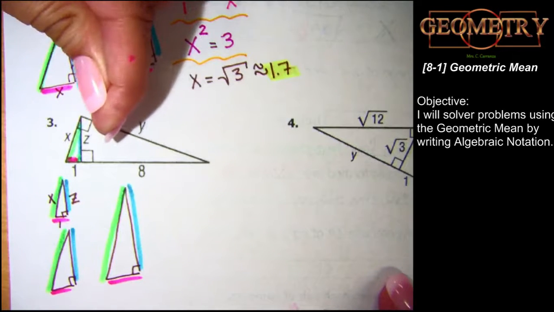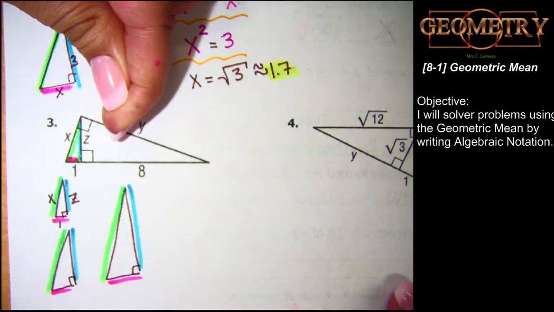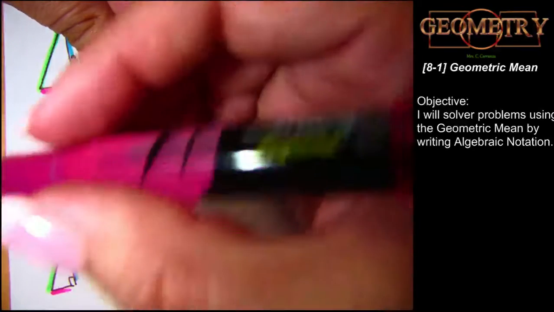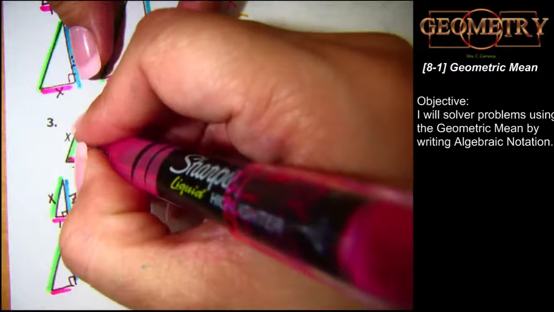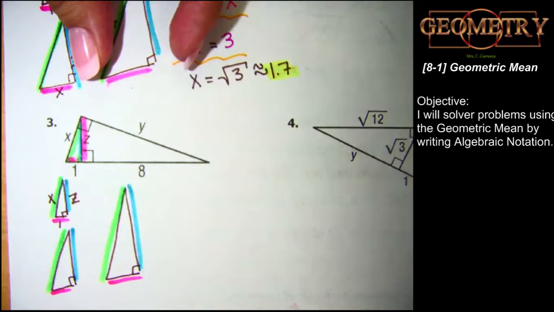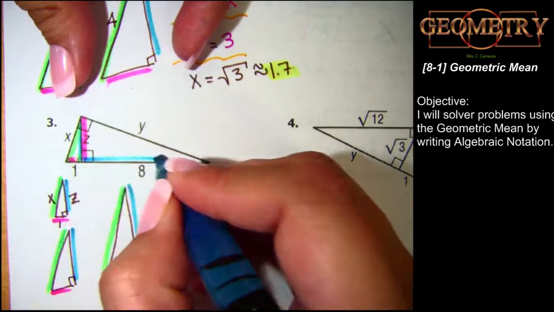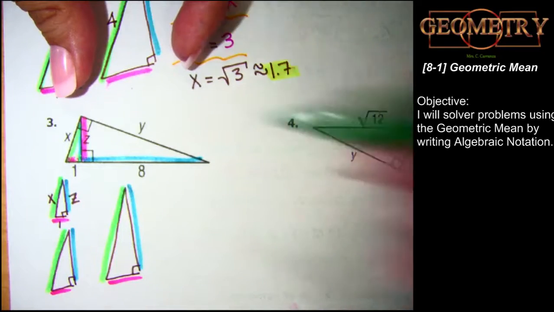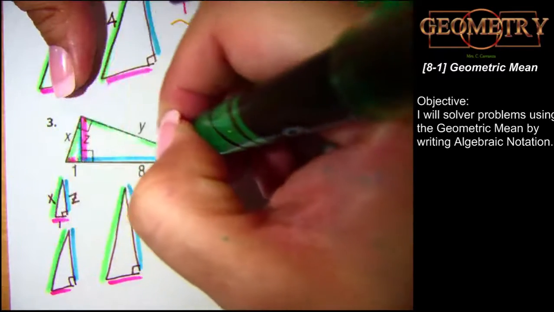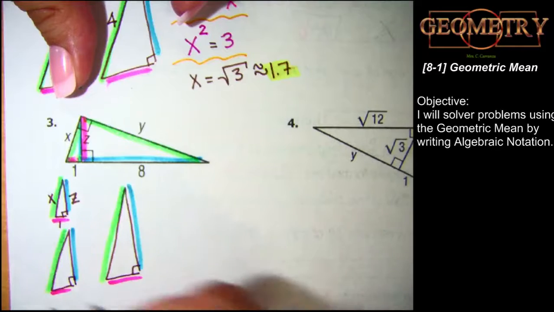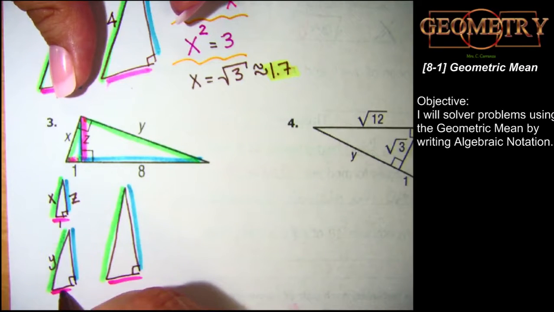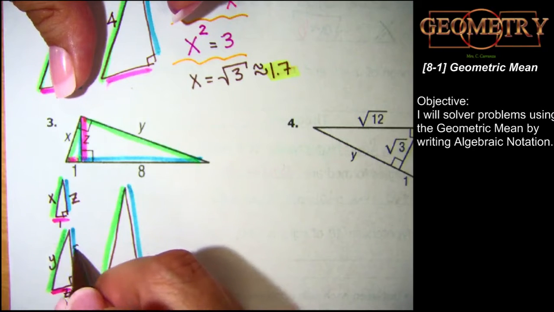Okay, here's the mama triangle. Use whatever method you need so that you can see the short sides and the long sides and the medium sides, okay? The hypotenuse will always be the longest side in your right triangle.